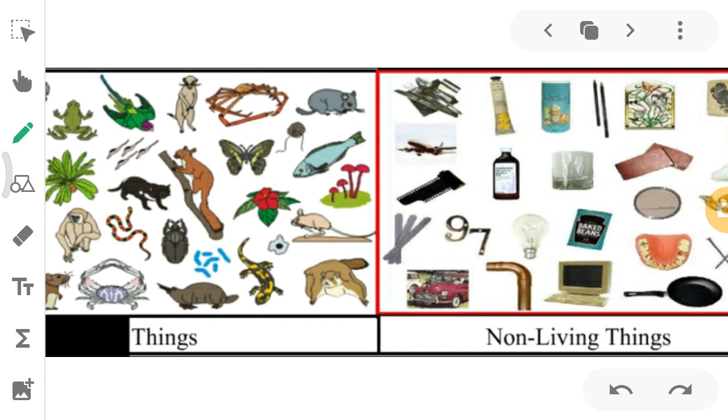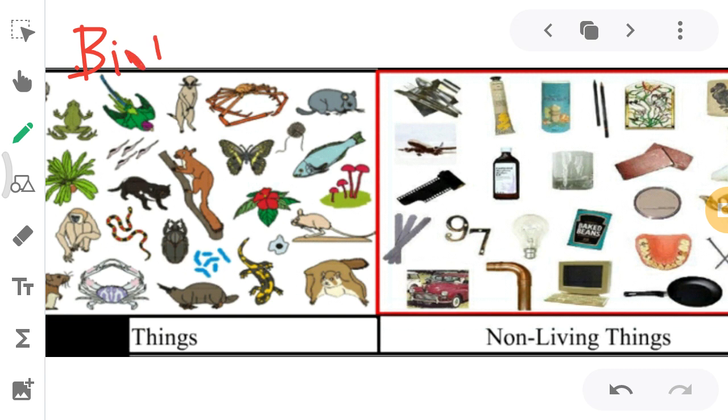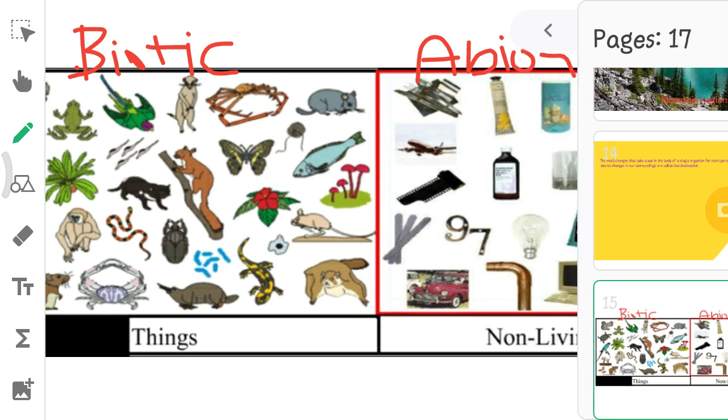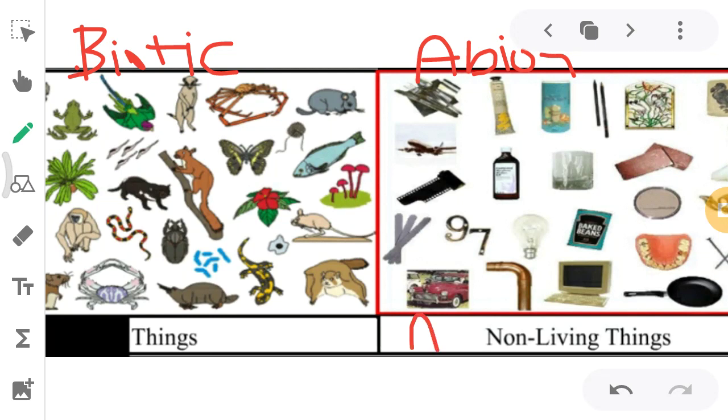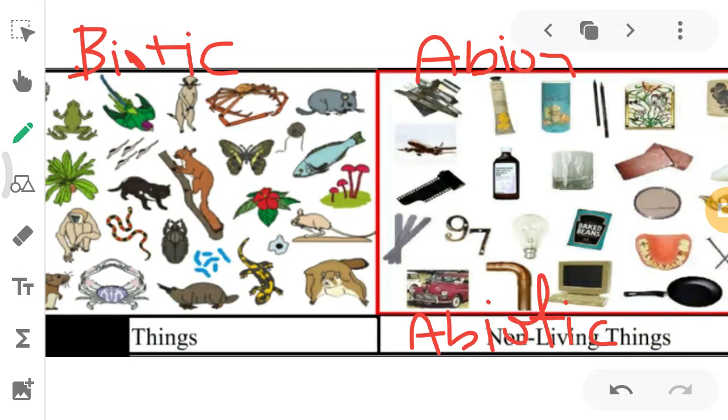We can also call them as biotic and abiotic things. Okay, I'll write here. Abiotic things. So, the organisms, that is both plants and animals that live in the same habitat.